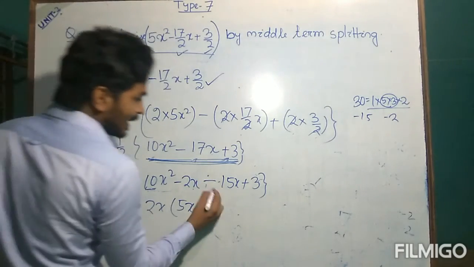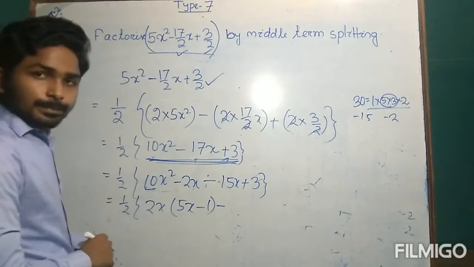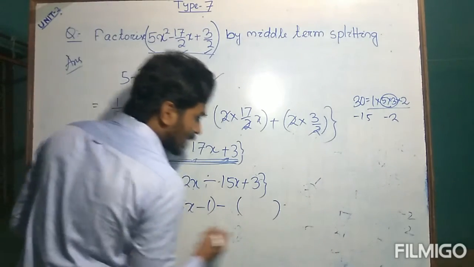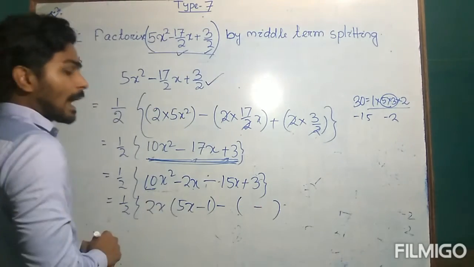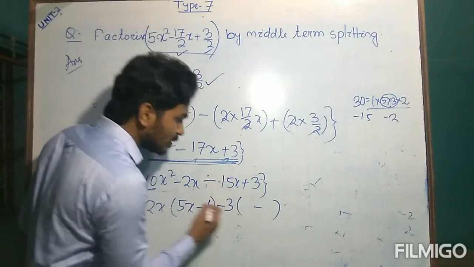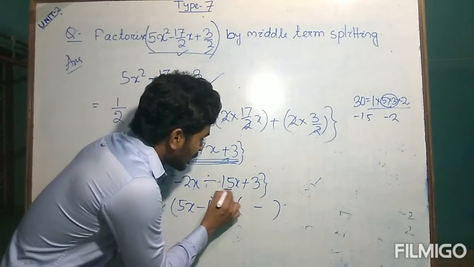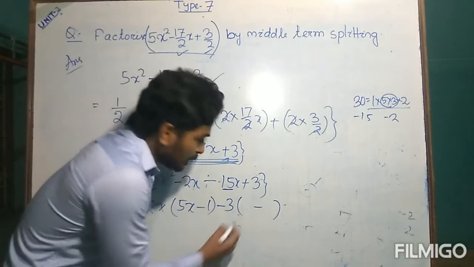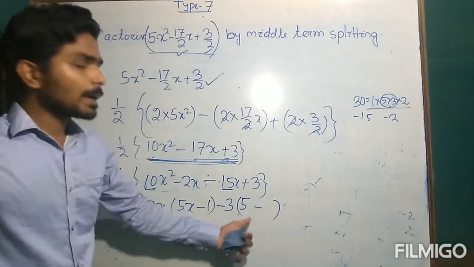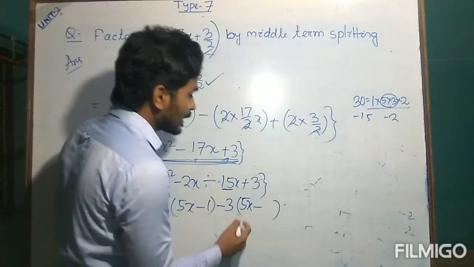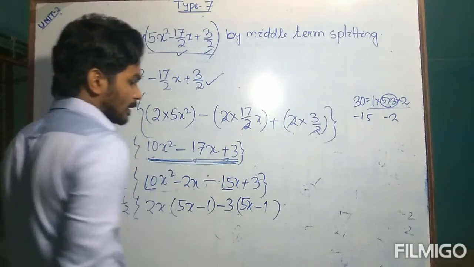Again, plus minus is minus. You can take minus as common, so inside the bracket the sign will be changed, and you can take 3 as common from these two terms. When 3 is taken common from 15, it will be 5, because 3 5s are 15, and x, and from 3 taken common, it will be 1.